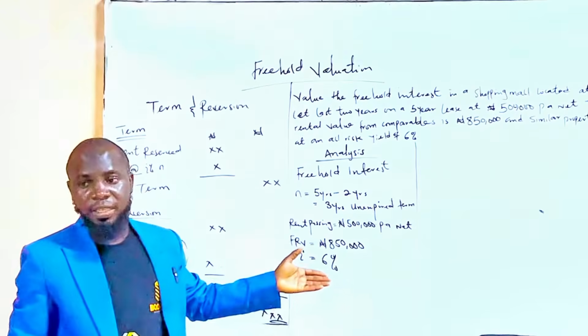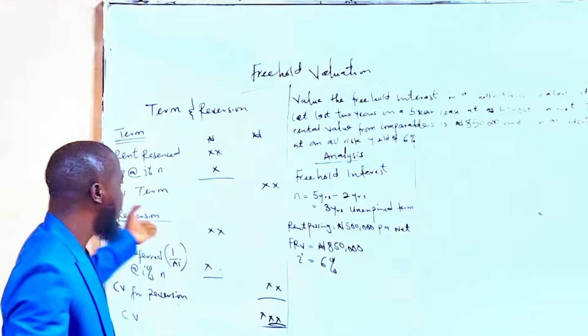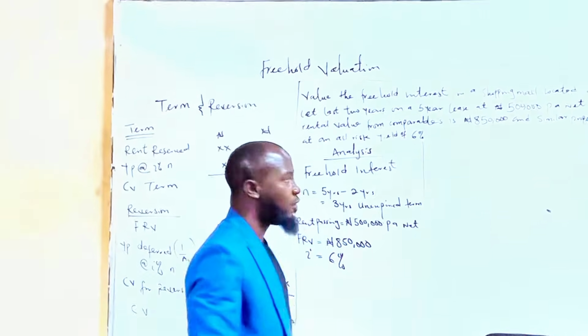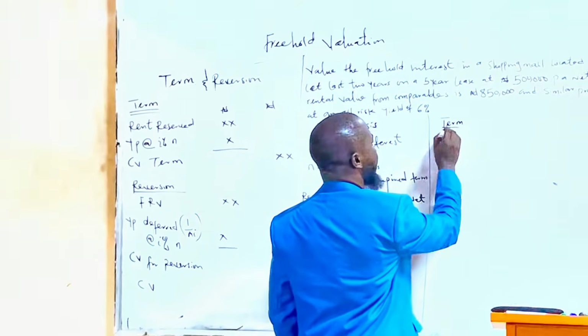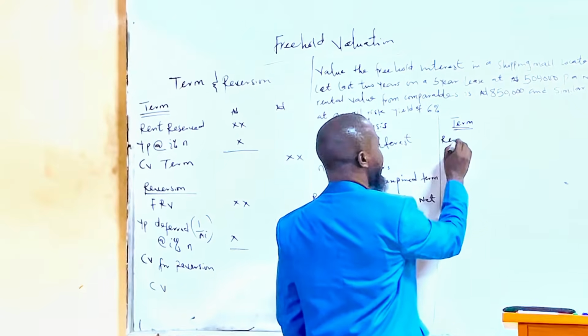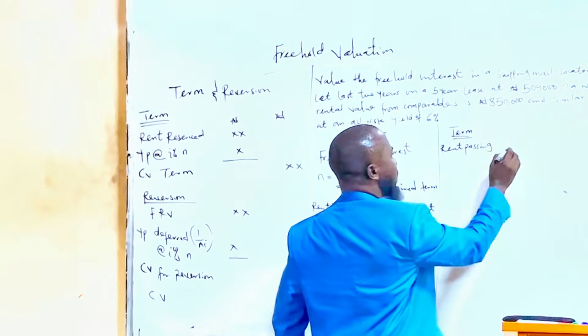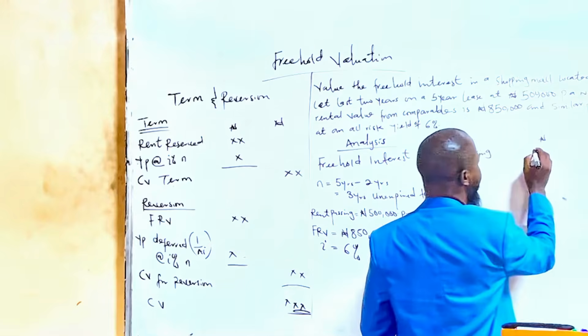Having done all this, the next thing is for you to apply all this in here. So let's start with the valuation. Term: rent passing. The rent passing is 500,000 naira.